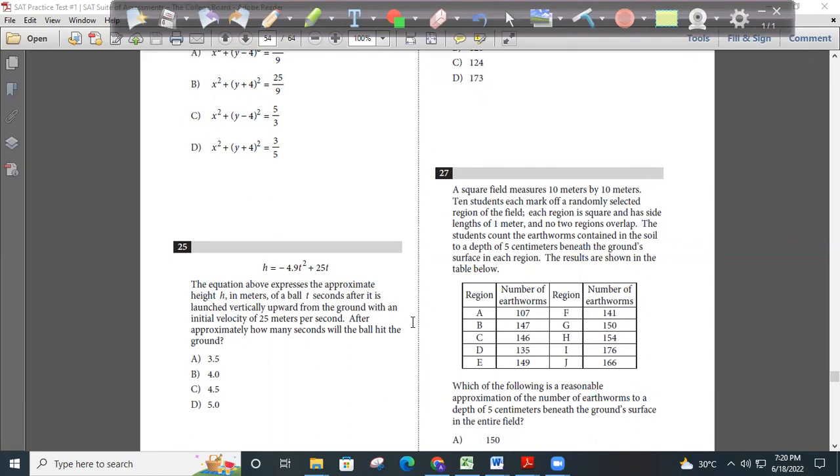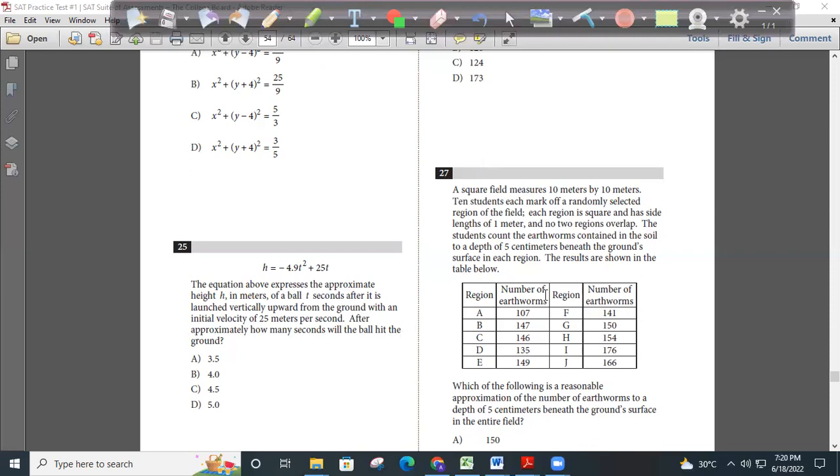This is also a quadratic functions question. Try to give me your answer. You can type your answer in the chat box.